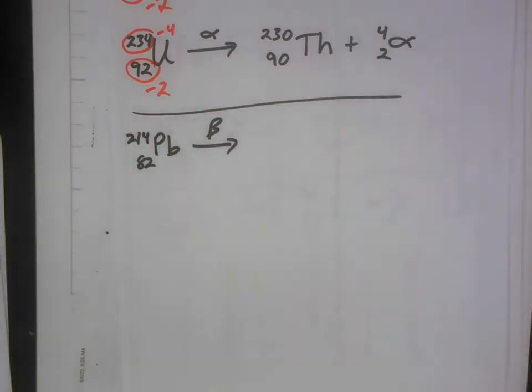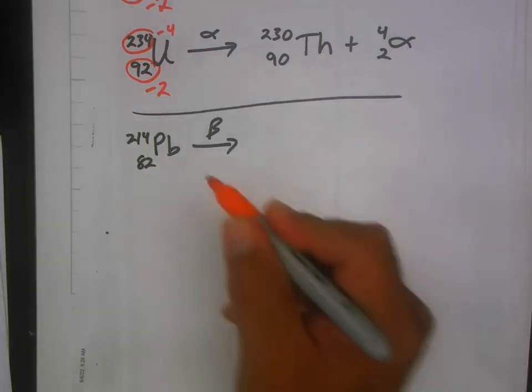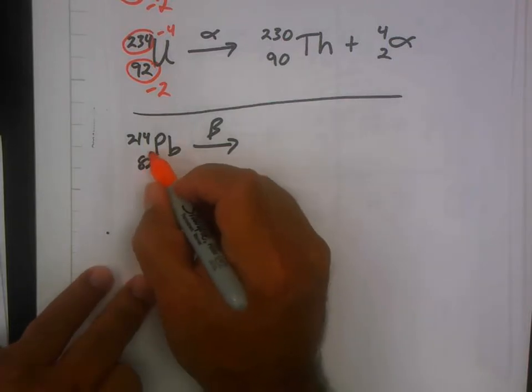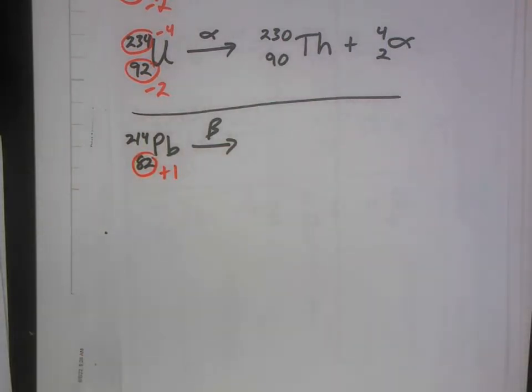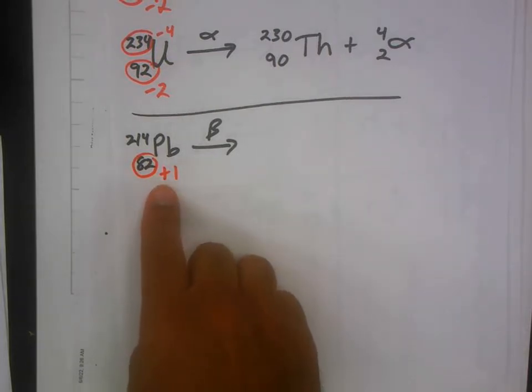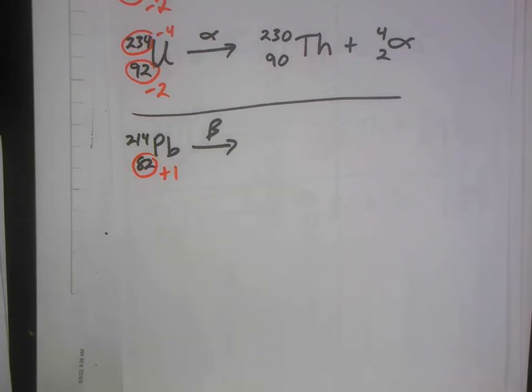So what's it going to turn into? Remember, for beta decay, you leave the mass number by itself, and what you're going to do is add 1 to the atomic number. Because remember, our neutron is turning into a proton, so we're getting 1 more proton, but the number of protons plus neutrons is staying the same, because we lost a neutron, but we gained a proton in its place.